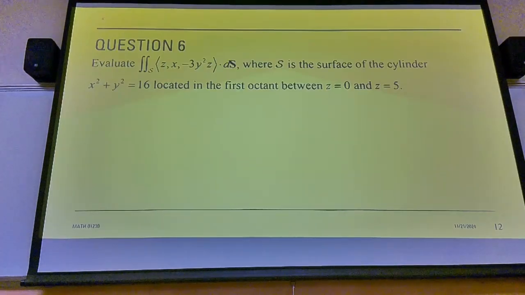Flux of that force field through the surface of the cylinder, x squared plus y squared equals 16, located in the first octant between 0 and 5 for z. So first we need a parameterization for the cylinder. Again, this was given in the lecture video. For a cylinder extending along the z-axis: radius times cosine, radius times sine, and then z.